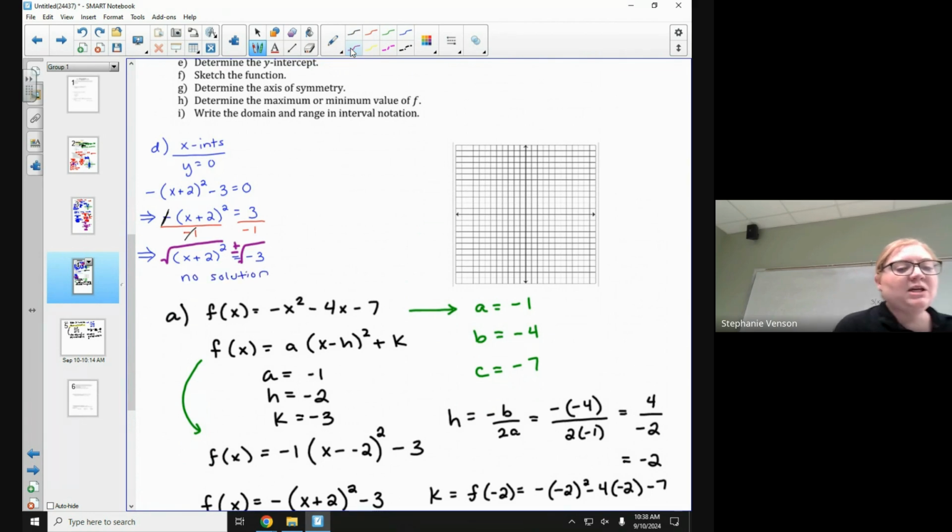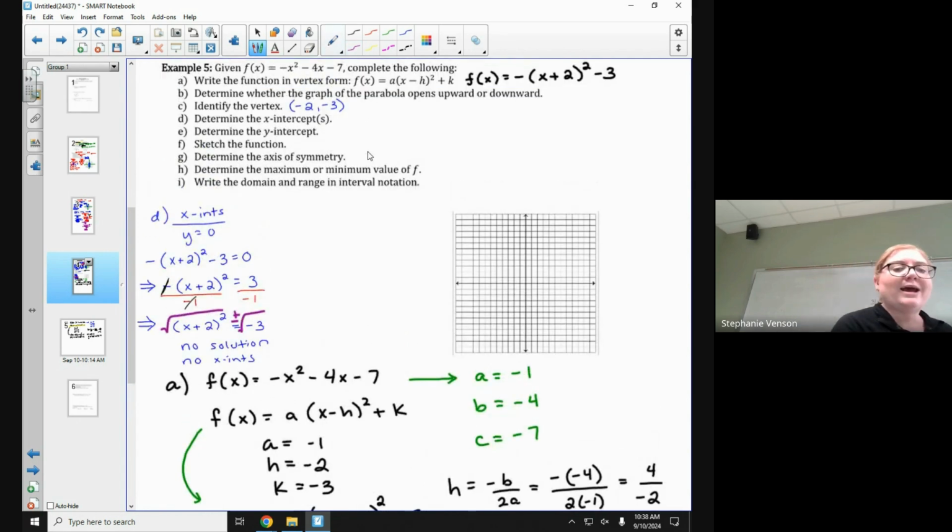What do you think it means if we get no solution when we're trying to solve for our x-intercepts? We don't have any. That's exactly what it means. If you get no solution when you're trying to solve for your x-intercepts, then that just means that you don't have any x-intercepts. So in ALEKS, you would just select the button or the drop-down menu or whatever that says no x-intercepts. All good?